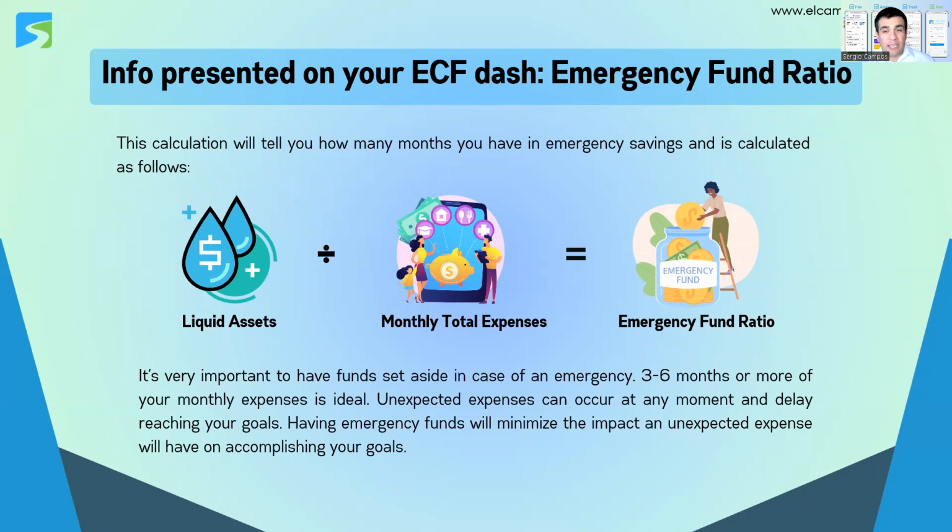Unexpected expenses can occur at any moment and delay reaching any goals you might have, but having emergency funds will minimize the impact of an unexpected expense. The unexpected expense may have less of a negative impact on your goals.